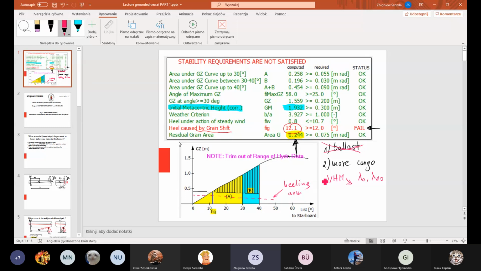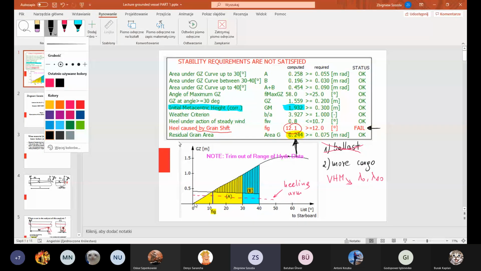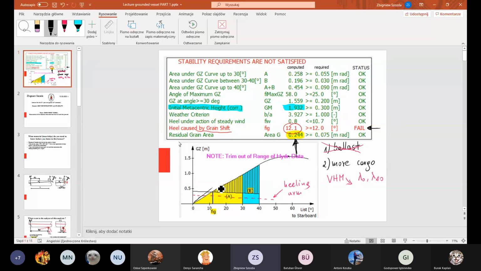Okay. So if volumetric heeling moment goes down, lambda 0, lambda 40 go down at the same time, but more cargo also means bigger displacement. If bigger displacement, maybe, I'm not sure, but it might be that the righting lever curve will go a little bit higher. If so, the angle of equilibrium, I will take green color, will be in a new position.